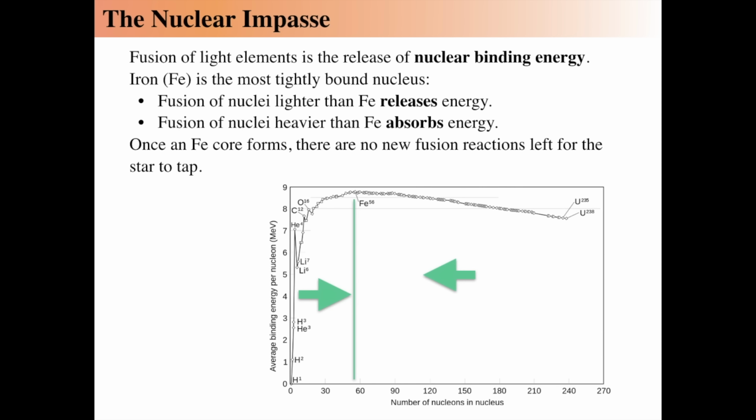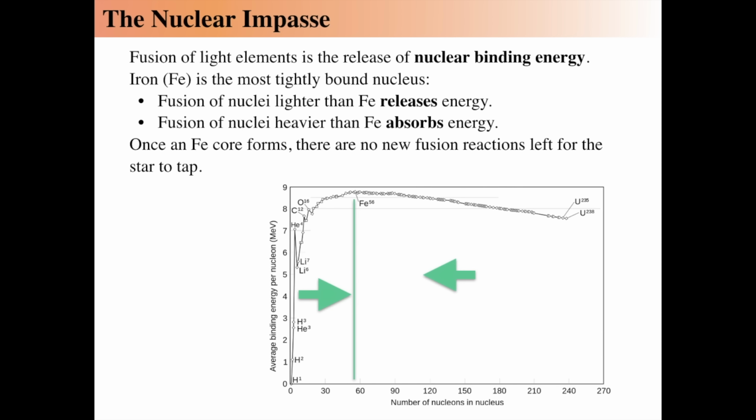Now, why are we caring about this? This is what's going to happen. This is why there's a big, big, big, big problem. When you fuse light elements together, you release energy. You release energy in the form of light, and you release energy in the form of neutrinos. But iron is the most tightly bound of those things. So you get energy by fusing light elements into heavier elements, so long as the elements have an atomic number less than 56, which is iron.